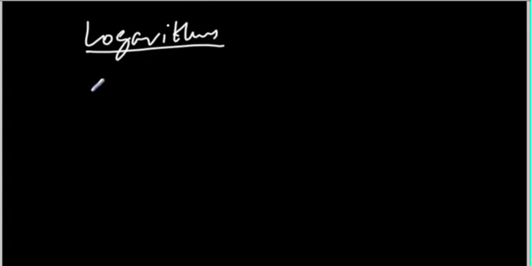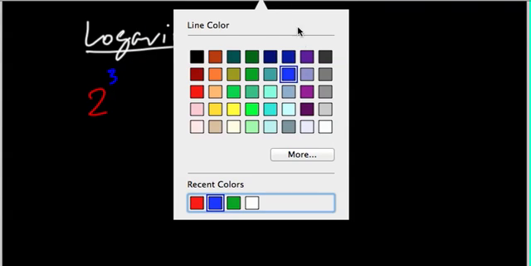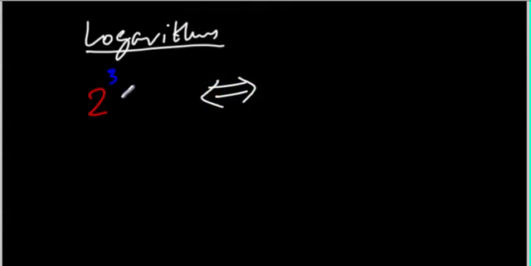So say, for example, you have 2 to the power of 3, which is equal to 8. We can write this as a logarithm. I'm just going to use different colors, I think that will clarify things a lot. So 2 to the power of 3 is equal to 8.